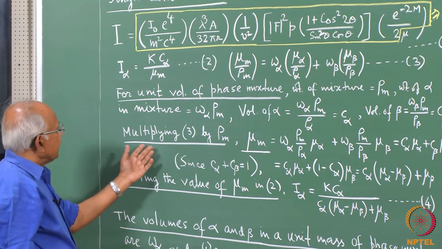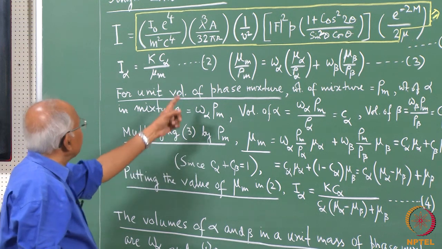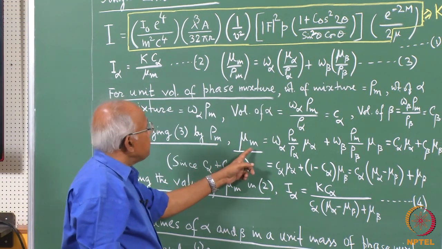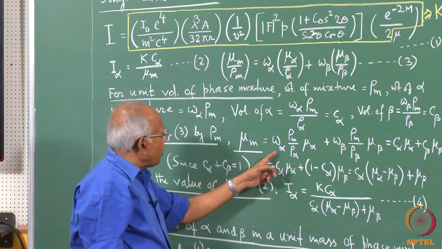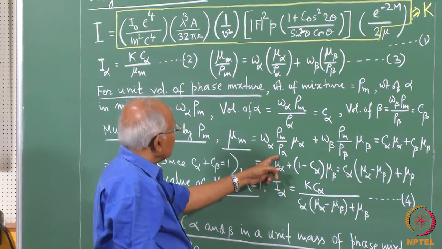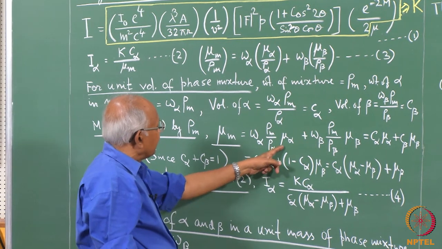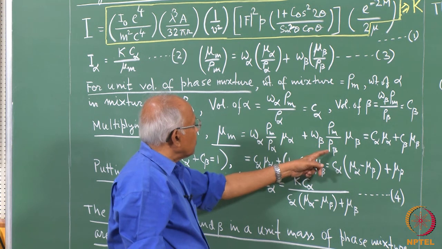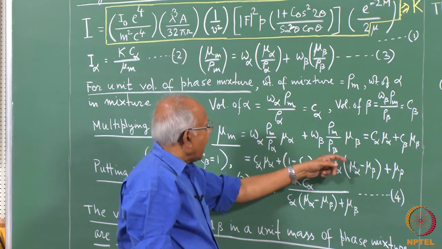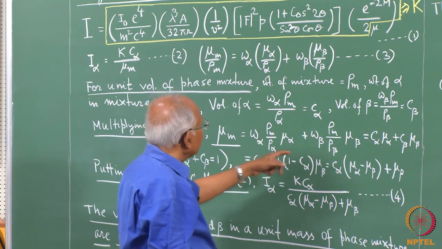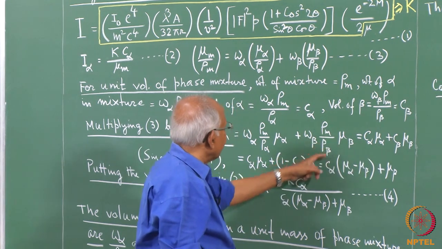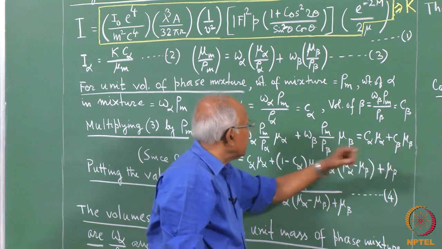Now multiplying equation 3 by rho m, we get mu m equal to W alpha rho m by rho alpha into mu alpha plus W beta rho m by rho beta into mu beta, and this can be written as C alpha mu alpha plus C beta mu beta.